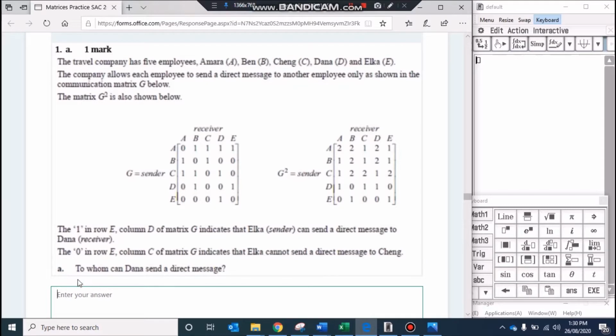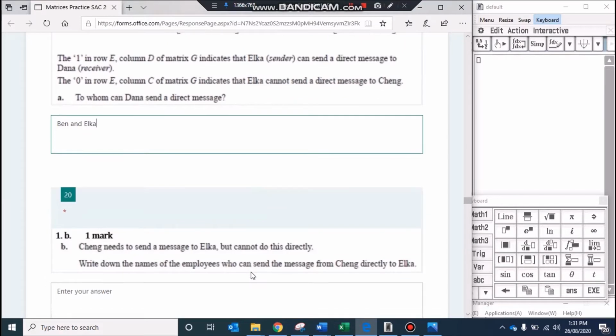So the question is, to whom can Dana send a direct message? Well, we go to Dana as the sender. The only ones we have are in column B and E. So our answer would be Ben and Alka are the only people that Dana can send a direct message to.